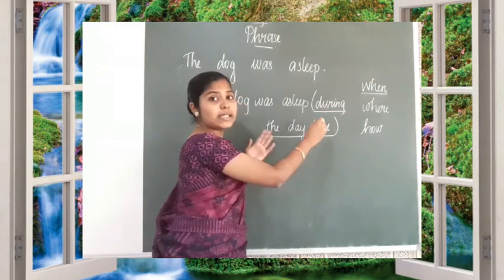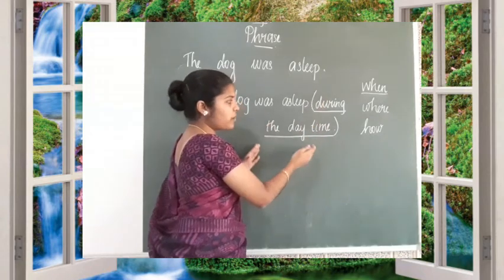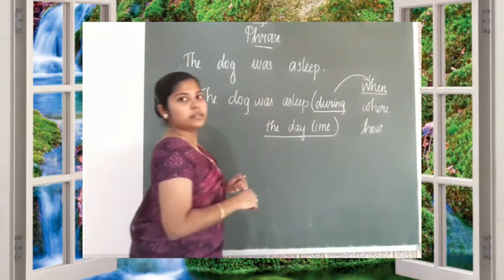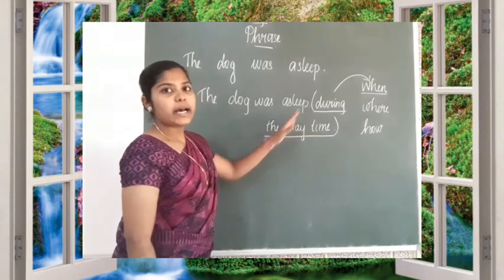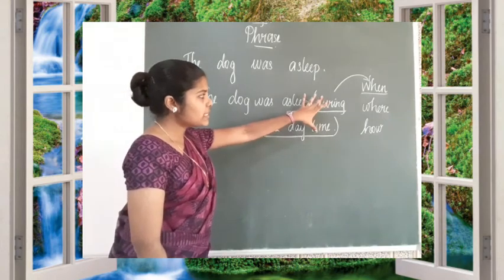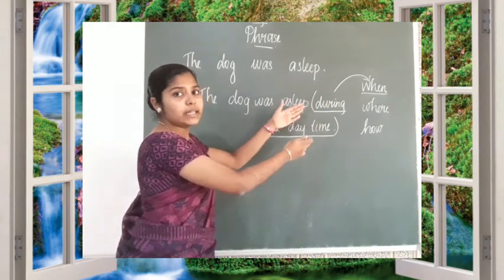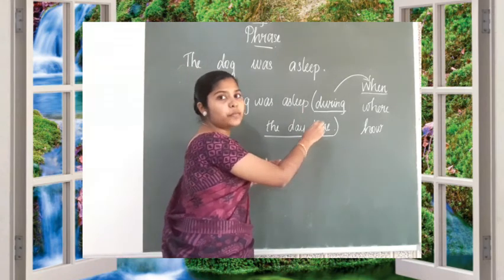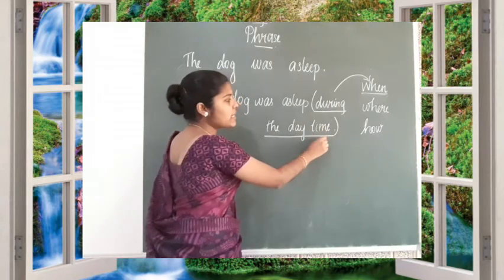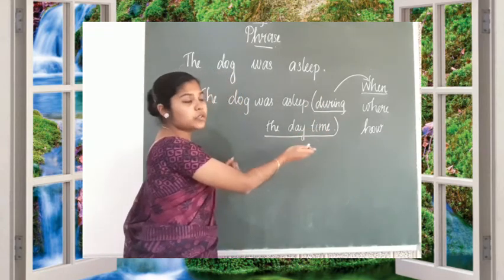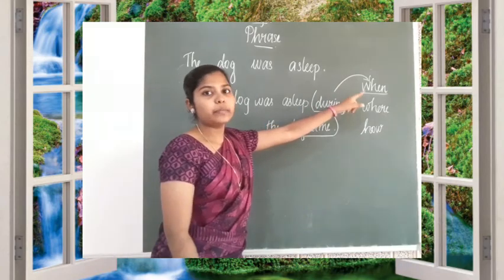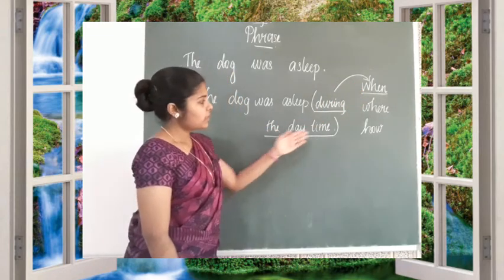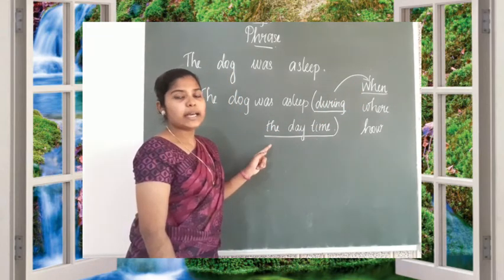And this group of words answers the question when. It indicates the time. So this is an adverbial phrase of time. This phrase answers the question when something happened, when the action was done. When? During the daytime. Is that clear?